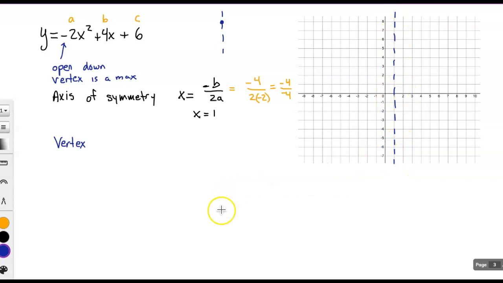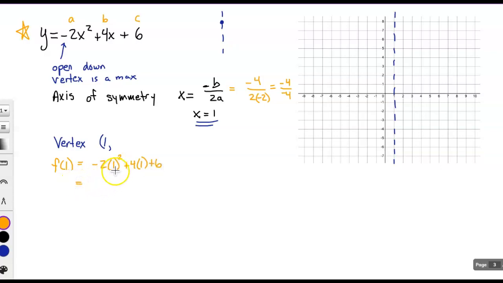We have to find how high or low it is, so you need a y coordinate. Well, this is your x coordinate, so the vertex is 1, something. Go up to your quadratic and plug in 1. So f of 1 equals negative 2 times 1 squared plus 4 times 1 plus 6.